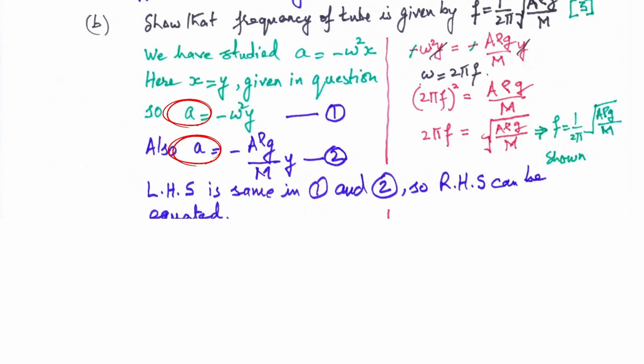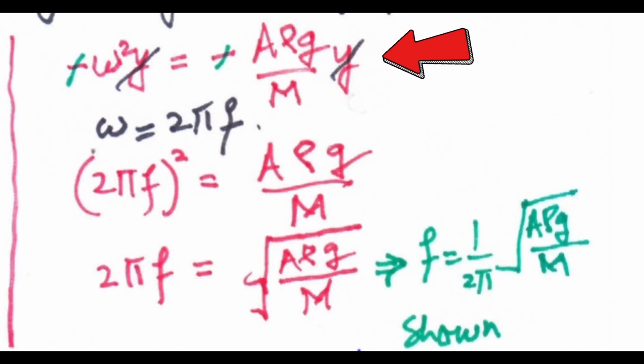So we can say that right hand side will also be equal. So we equate them, and when I equate them, I go to the red part of the solution. Minus ω square y is equal to minus A ρ g over M times y. y and y get cancelled.